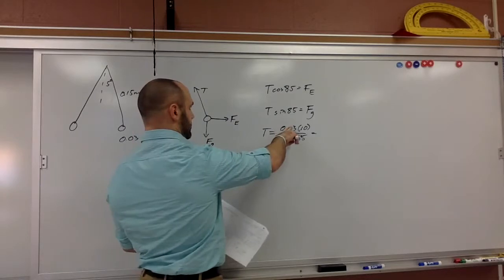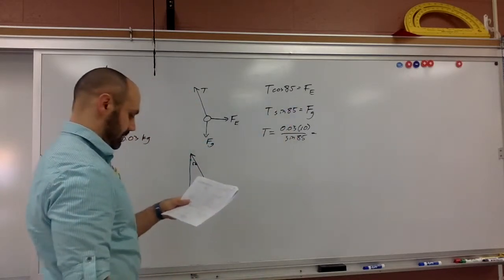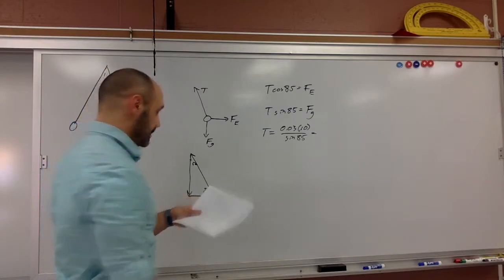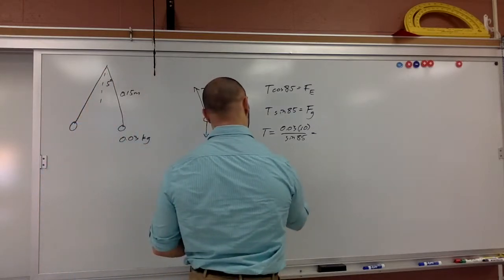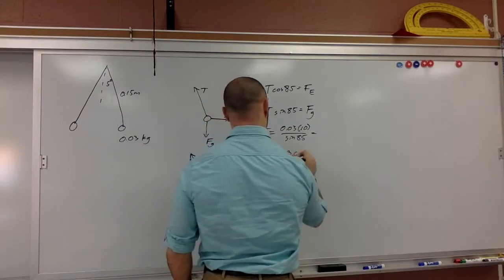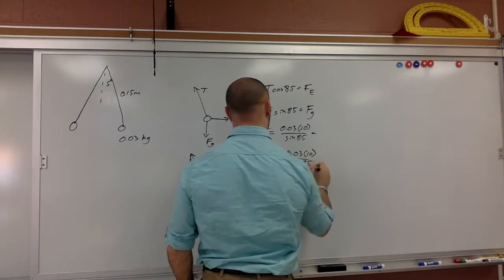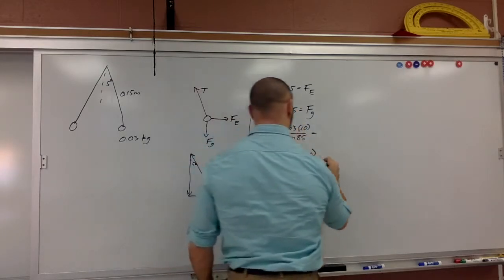And if I take this and plug it in here, that'll give me the electric force. So Fe now is 0.03 times 10 over sine of 85 times cosine of 85.